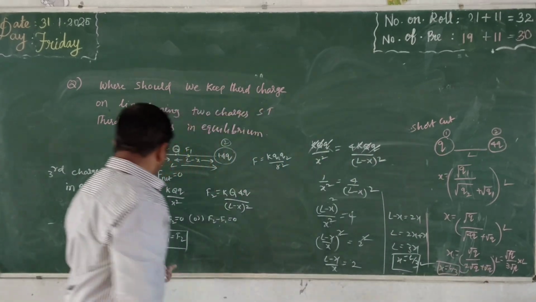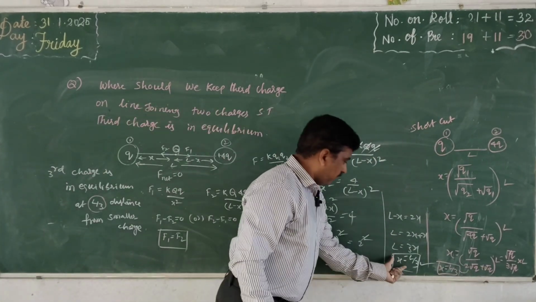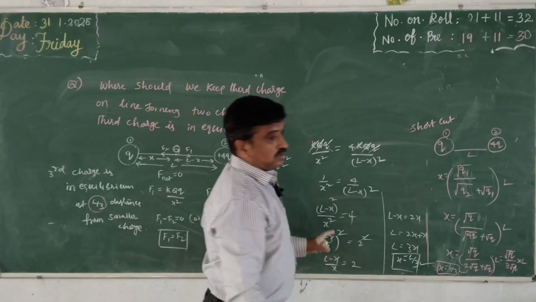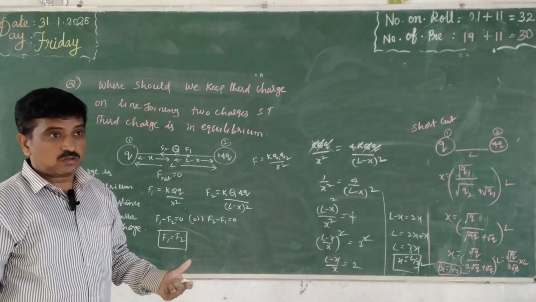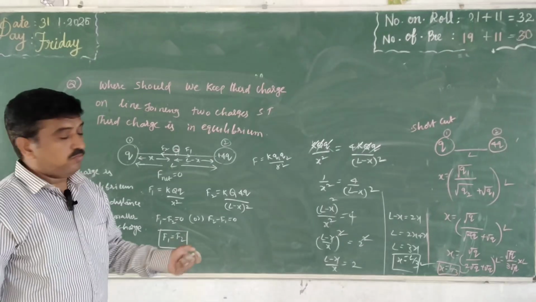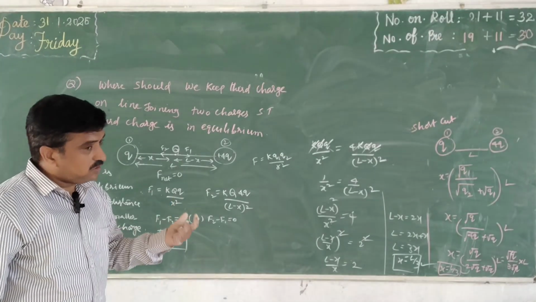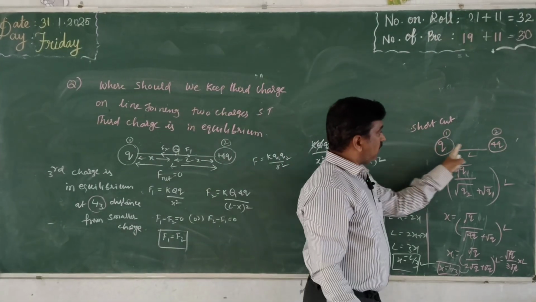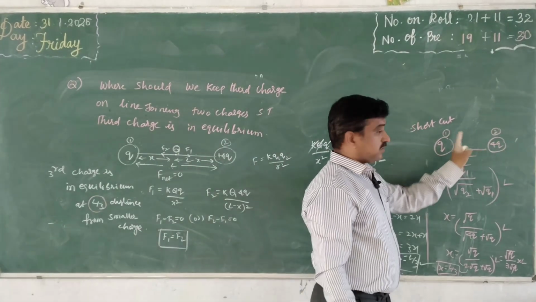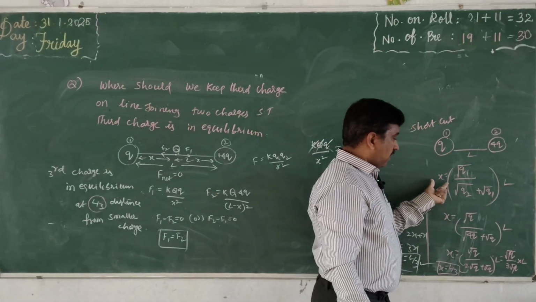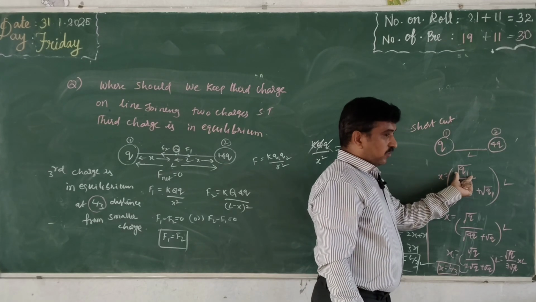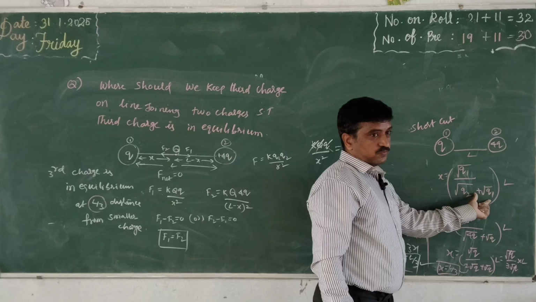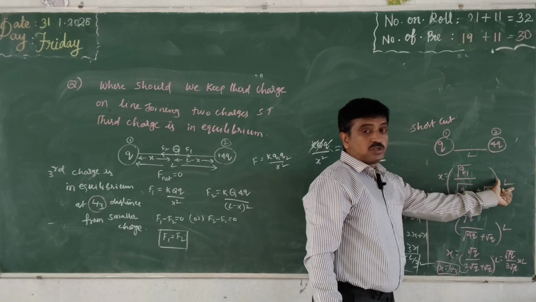Here x equal to L by 3, and here also x equal to L by 3. So what is the shortcut? When two charges are on the same line and a third charge is placed in equilibrium, where should we keep the third charge on the line joining the two charges? For that condition, x equal to root of Q1, the first charge, by root of Q2, the second charge, plus root of Q1, into the distance between the two charges.